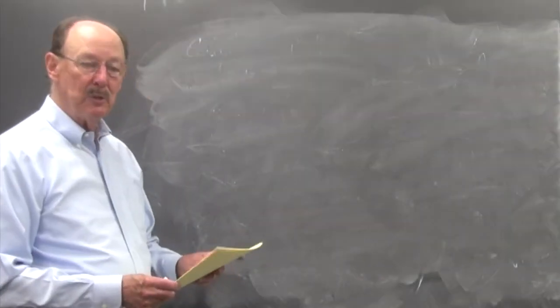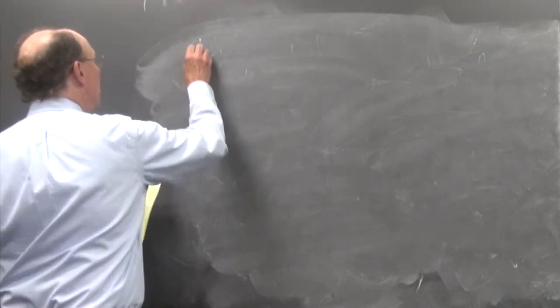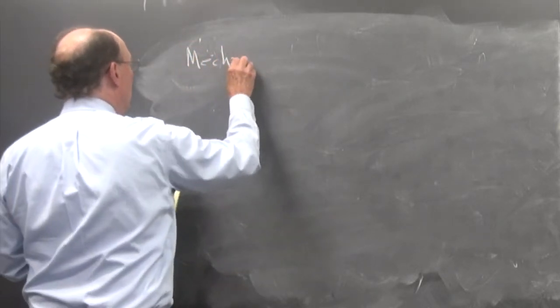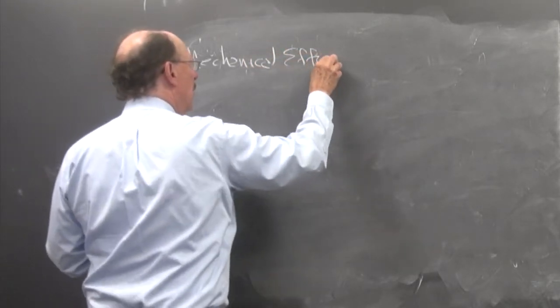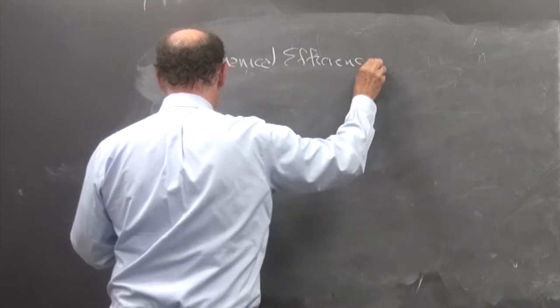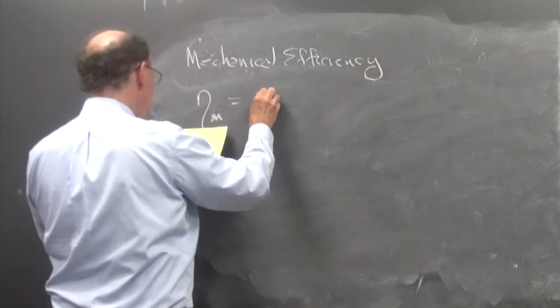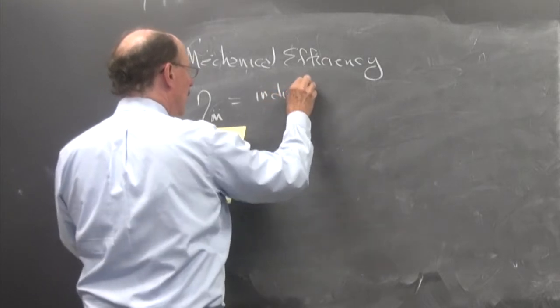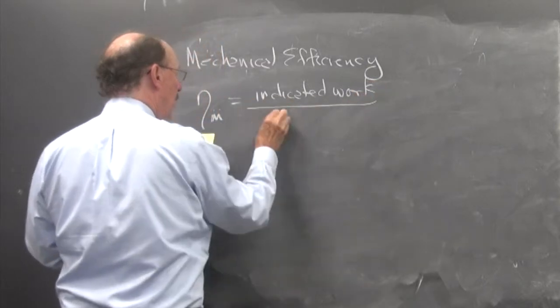And so now what we're going to look at is another efficiency, the mechanical efficiency. This is the indicated work over the shaft work.